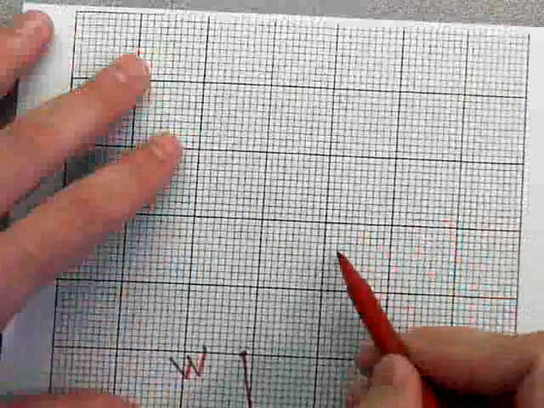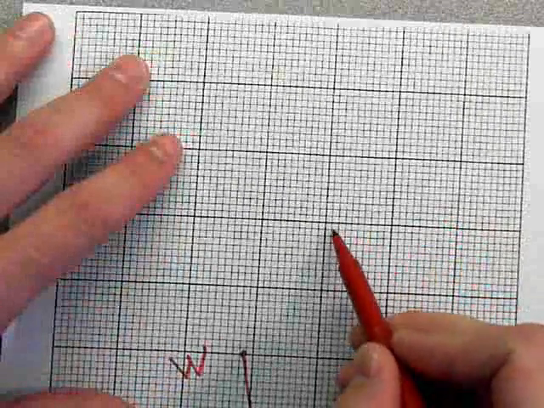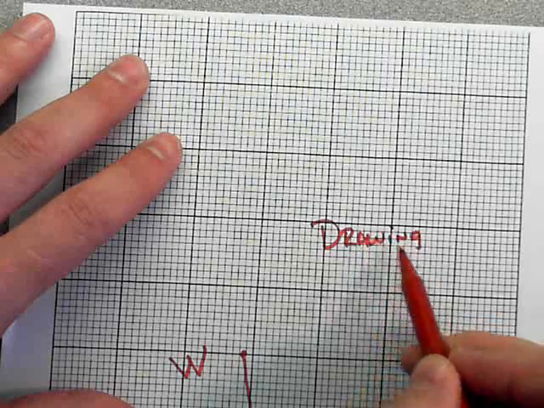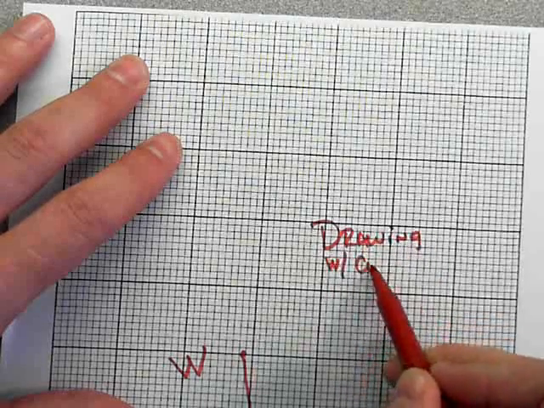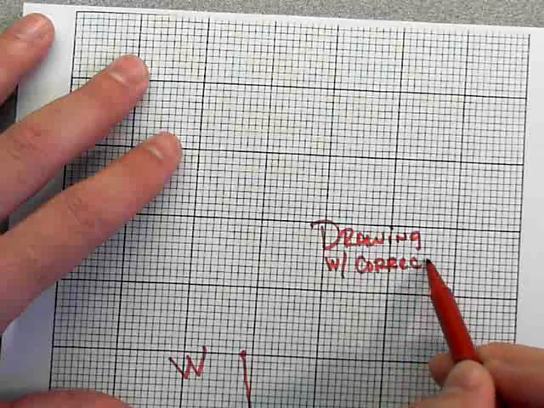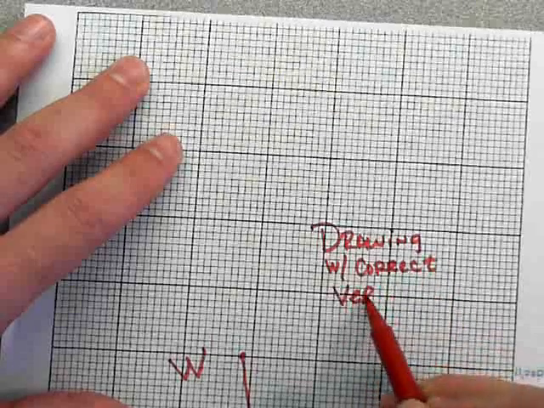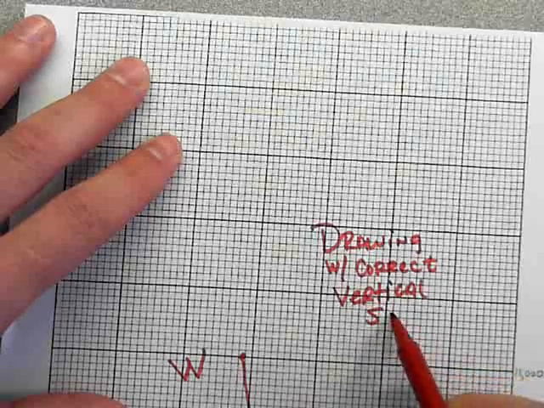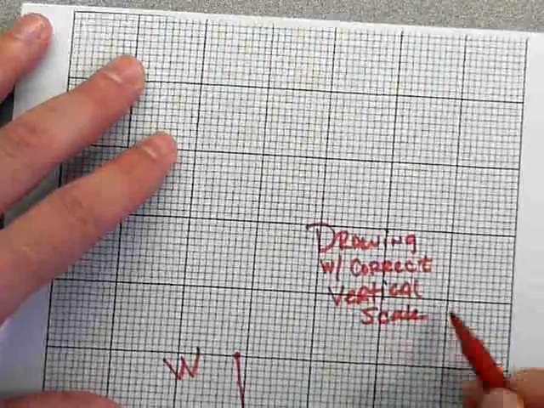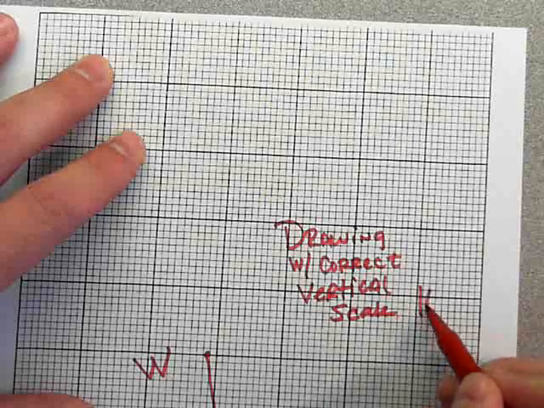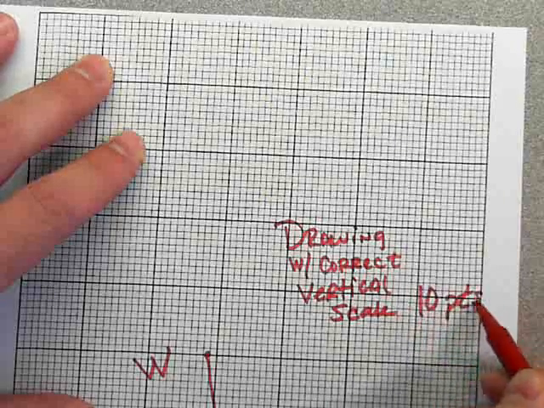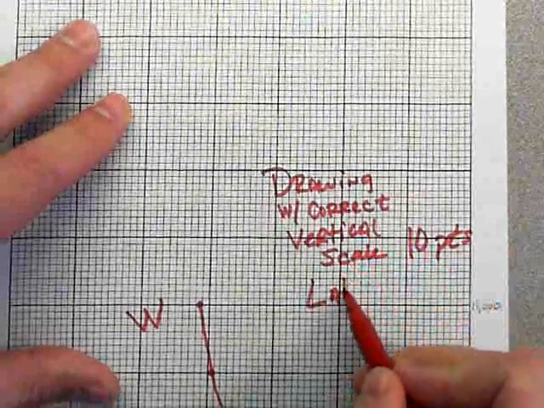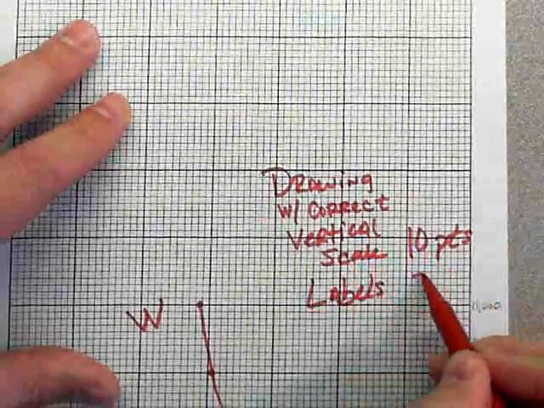So the drawing with correct vertical scale is worth 10 points. The labels are worth 2.